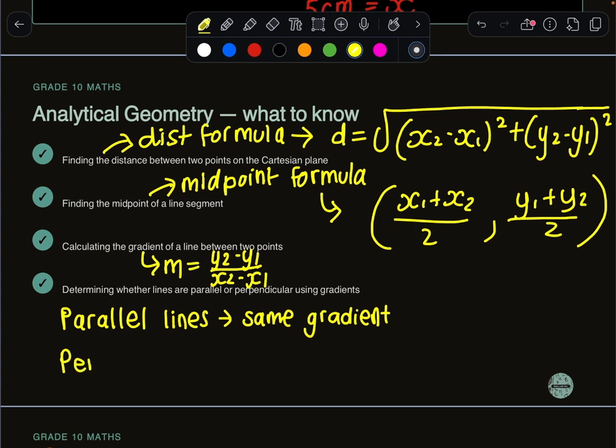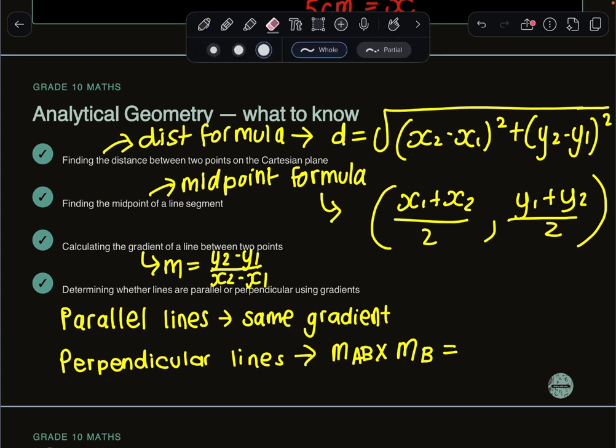Perpendicular lines, what happens is if you have one line AB, another line CD, if you multiply the gradients, you get an answer of -1.